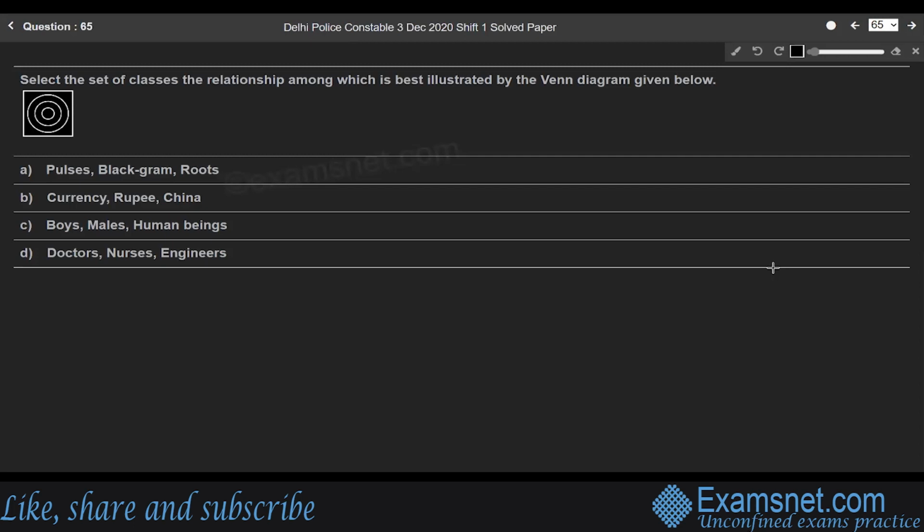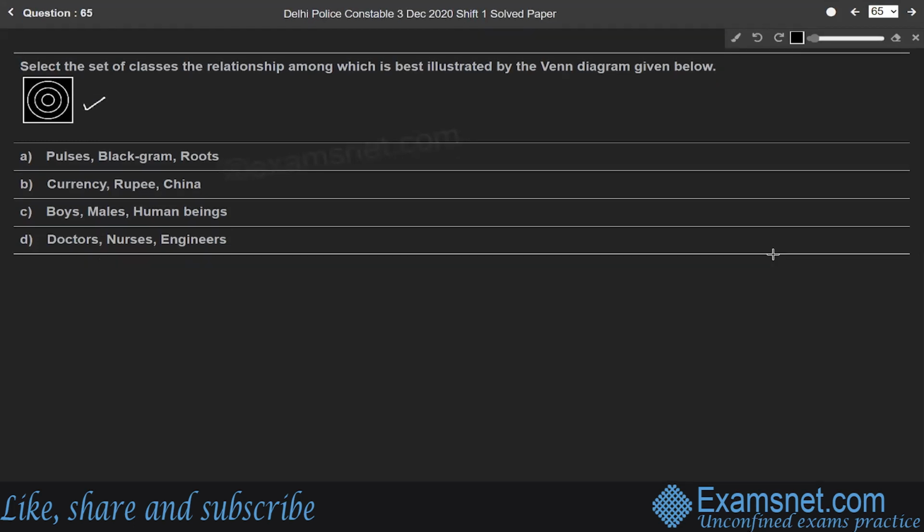So this is the Venn diagram given. Look at option A. The set is pulses, black gram and roots, right? Here there is a set of pulses which is not included in the set of black grams, and black grams are not included in any other elements like roots. They are not interrelated, right?